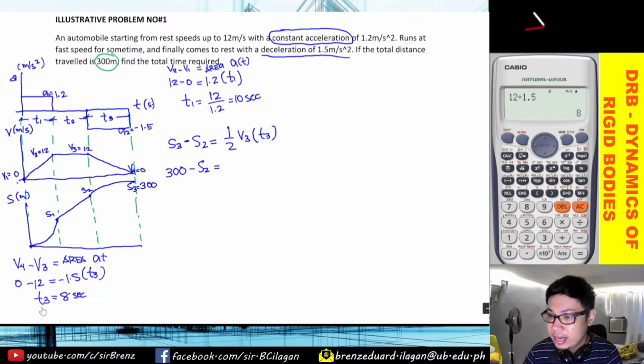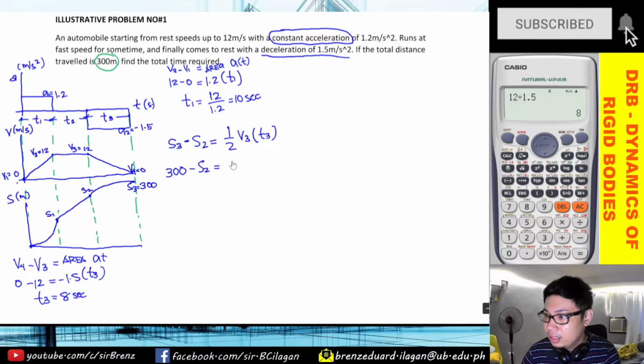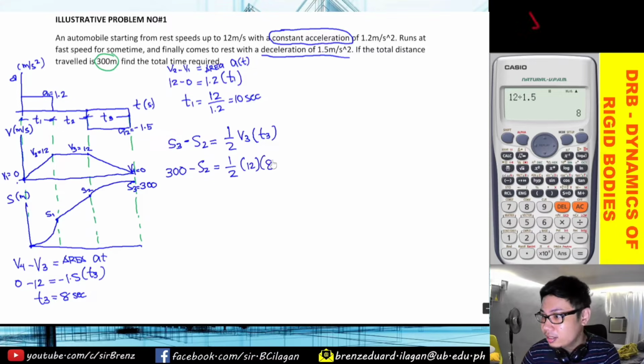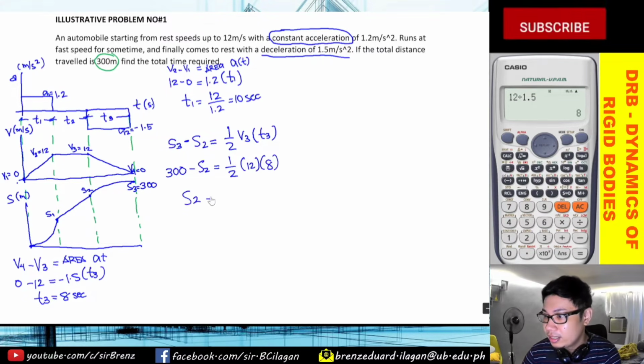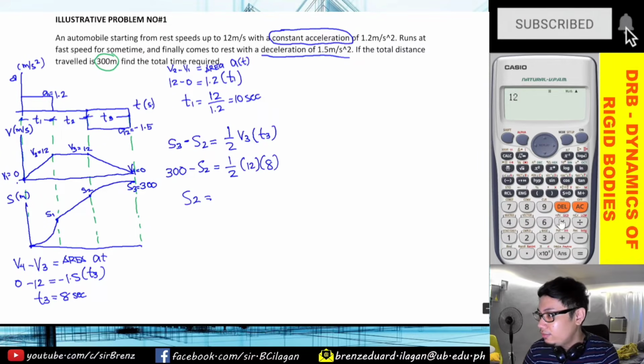So, since meron na tayong isa pang time, makukuha na natin yung S2 natin. So, that will be 1/2 of the velocity 3, which is 12, times T3 na 8 seconds. Okay? So, magkaaroon tayo ng value ng S2. So, that is 12 times 8 divided by 2.